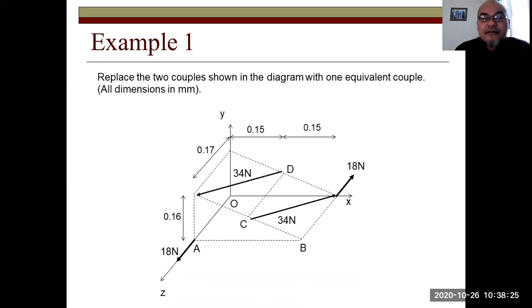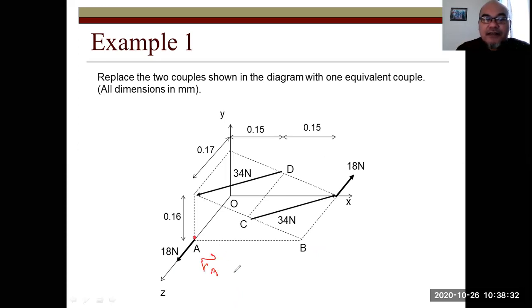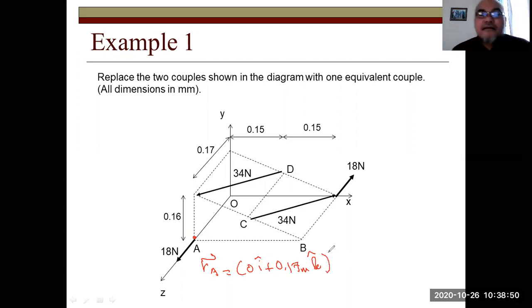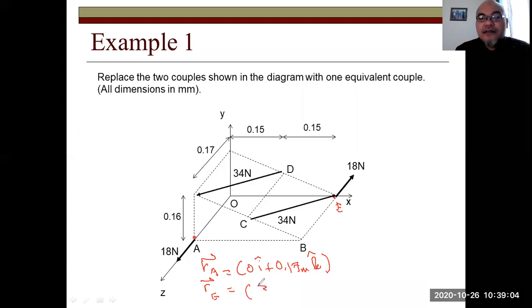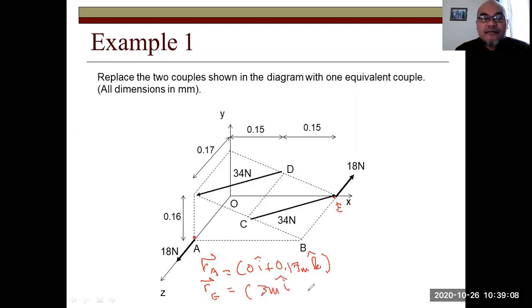Let's say the position of A equals 0 i plus 0.17 meter k, right? And RB equals 3 meter i plus 0 k.